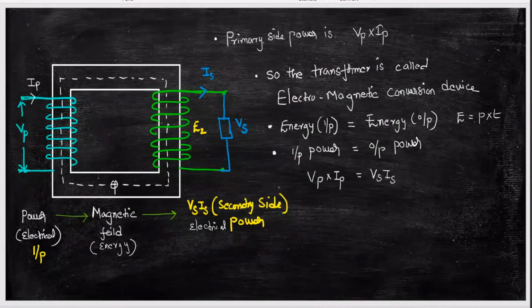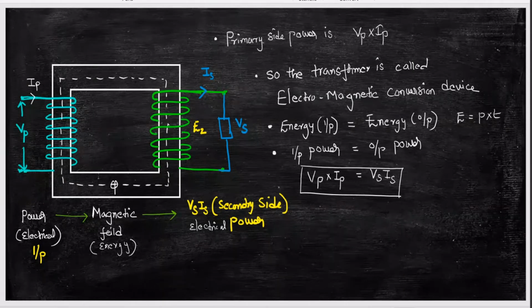So the input energy is equal to output energy, input power is equal to output power. That means power is not changed in the transformer. We can't change the power in a transformer.